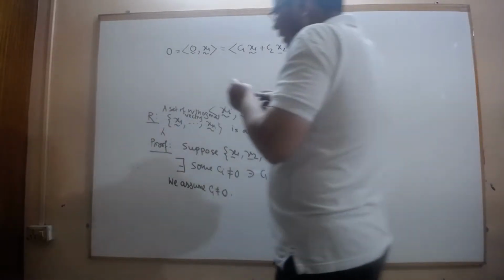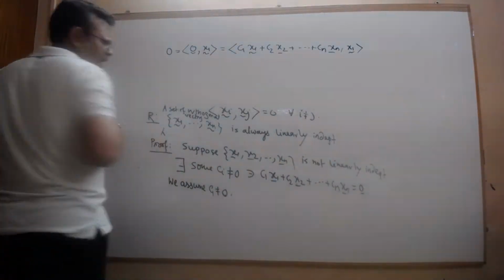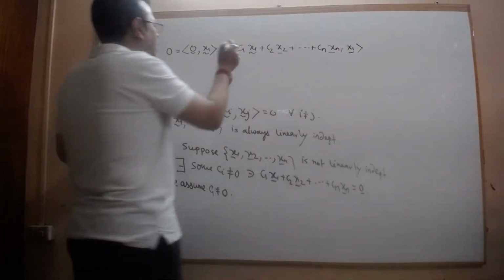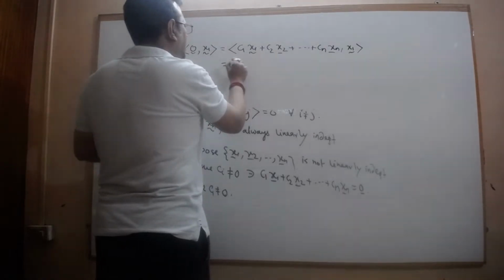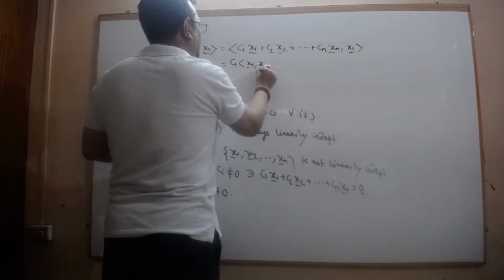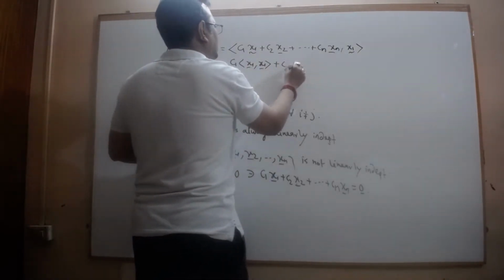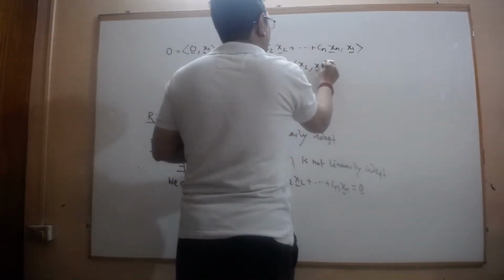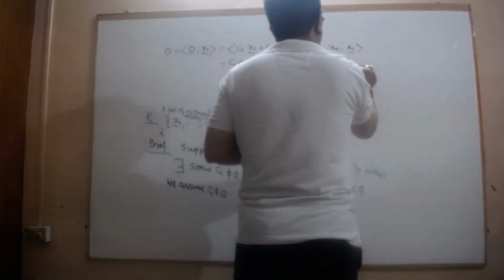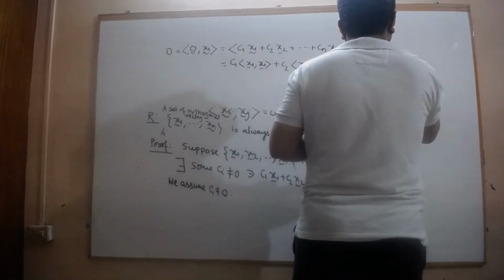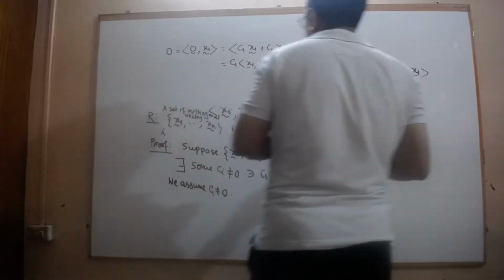And using condition 2 of the inner product space, we can write c1 times inner product of x1, x1, plus c2 times inner product of x2, x1, plus up to cn times inner product of xn, x1.